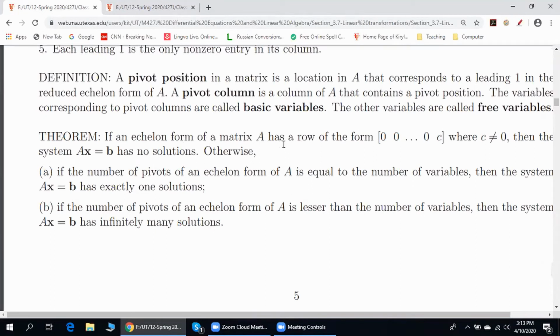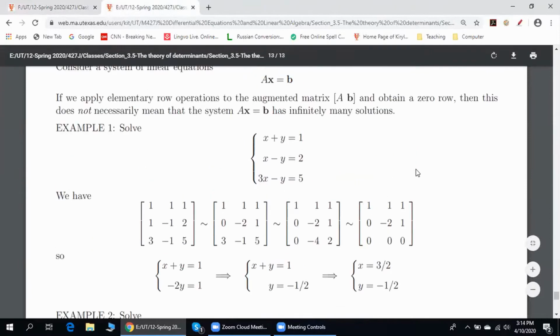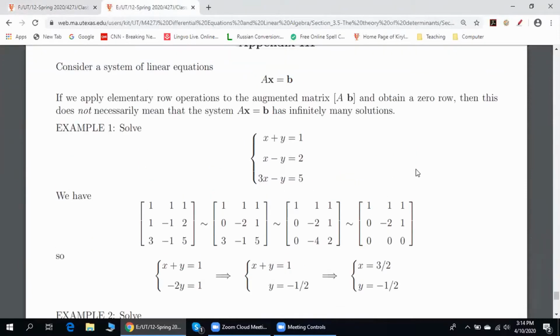So the number of pivots in your augmented matrix is supposed to represent how many solutions you would possibly have. It does not really represent the number of solutions. The rule is a little bit different. If the number of pivots is equal to the number of variables, we have exactly one solution. If the number of pivots is lesser than the number of variables, we have infinitely many solutions.